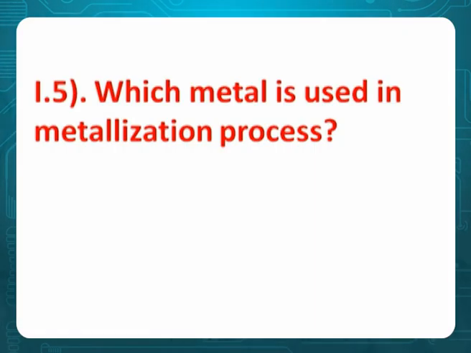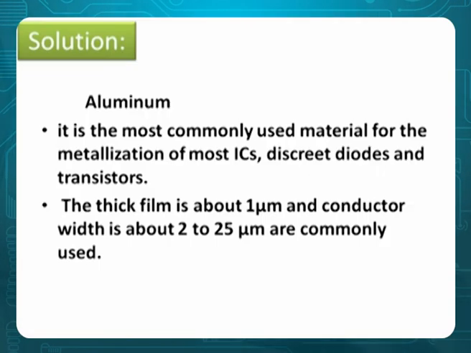Question number 5. Which metal is used in the metallization process? Just now we said we have to do metallization at the end of the fabrication. What material is used? Its answer is very simple and straightforward: aluminum.